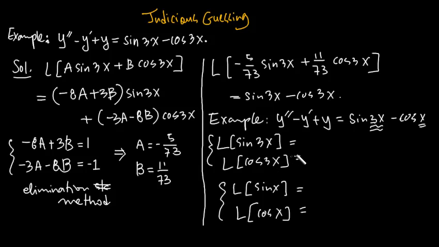Once we figure out the combination that gives sine 3x and the combination that gives cosine x, you combine them because it's connected by the negative subtraction, and using the linearity of L, you can get the solutions as well. So you have to actually look at this as two problems combined together.